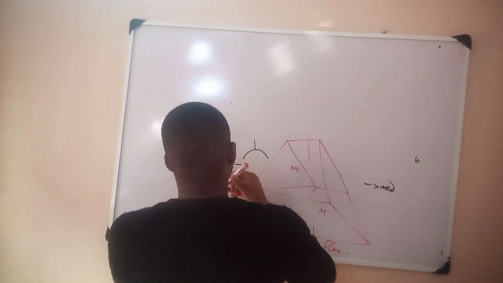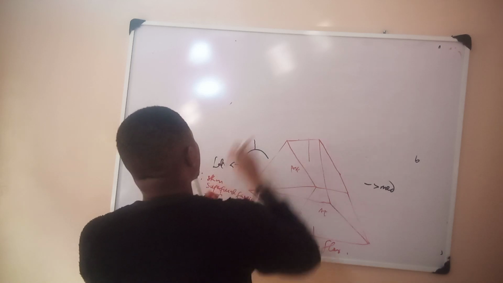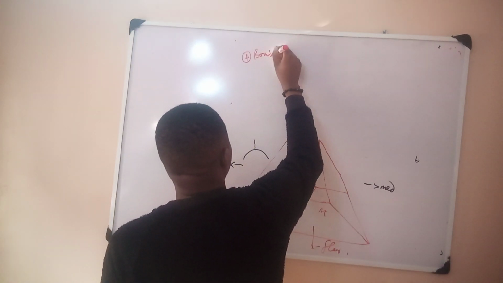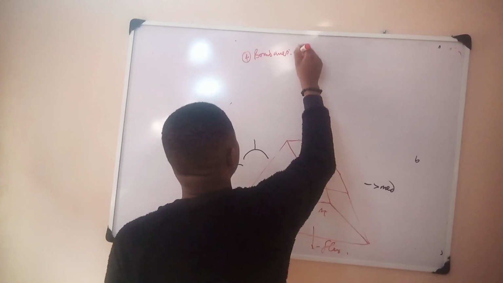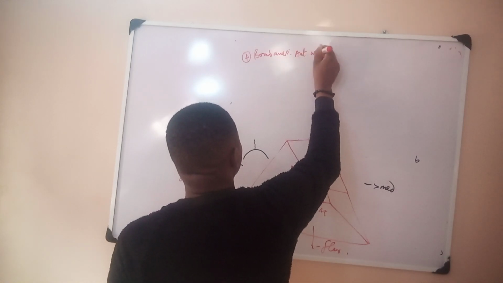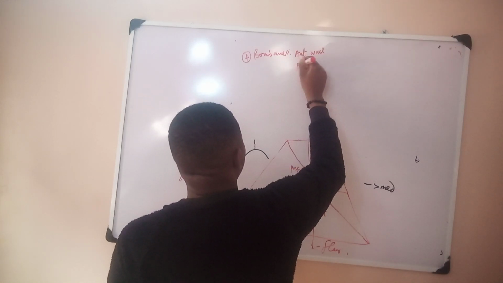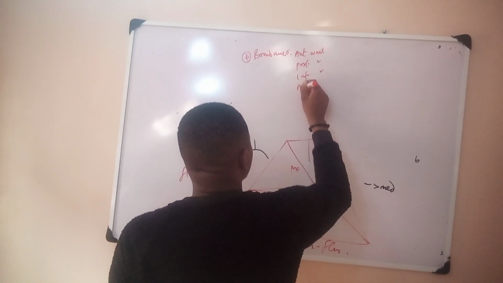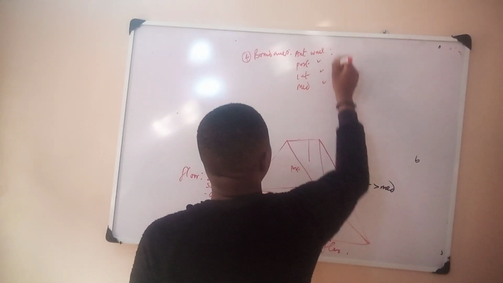So number 4 is boundaries. So I'll give you a code here.